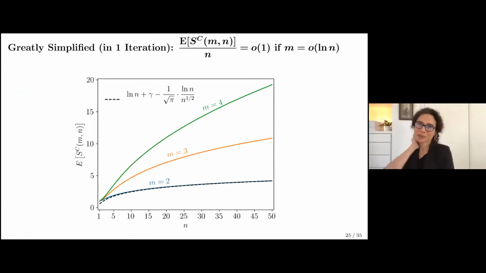All right, so let me show you some pictures. So these are the expected number of surviving strategies, again following our convention from before for our 2 by n games, and the asymptotic approximation for them. And you see that, as we increase the number of actions here, the fraction converges to 0. In fact, that's true as long as the number of actions of the row player is relatively small relative to the column player.